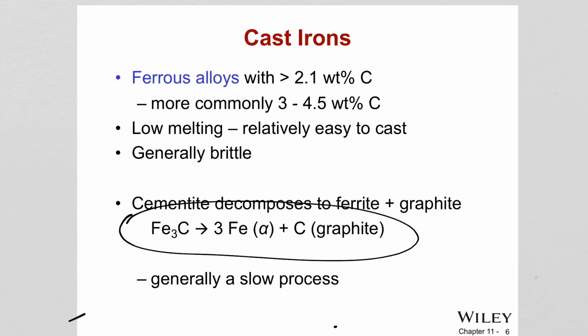If you add silicon up to 1%, it will also promote the formation of graphite. And again, slower cooling rates during solidification also favor graphite formation. So for most cast irons, the carbon will exist as graphite.